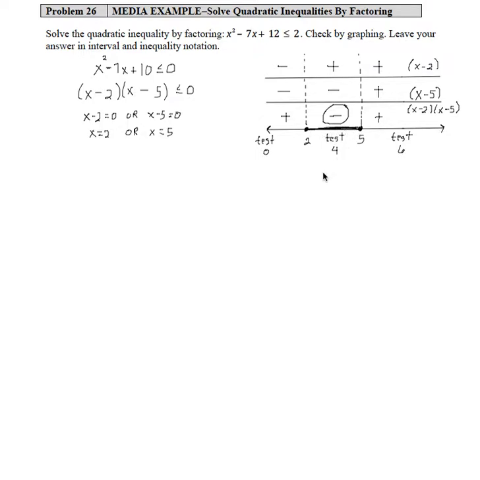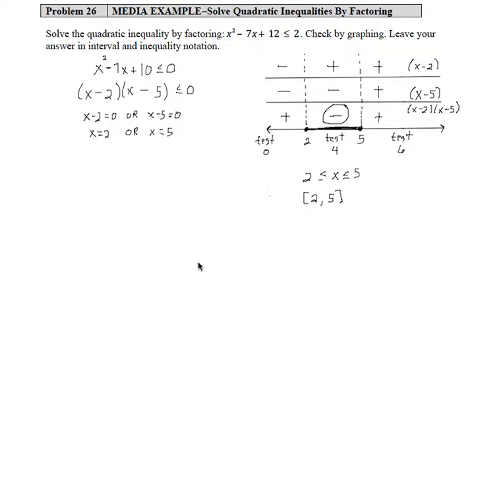To represent that with inequality notation, that would be x less than or equal to 5 and greater than or equal to 2. So there's my inequality notation. If I want to write this in interval notation, that's going to be the interval from closed bracket 2 up to 5, also with a closed bracket.